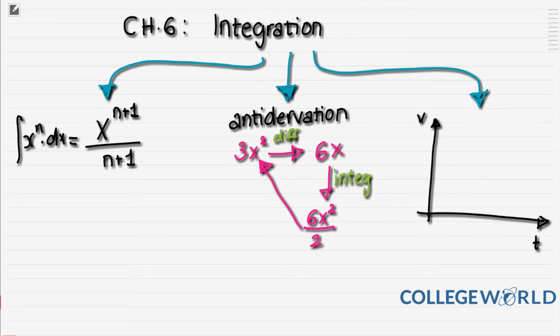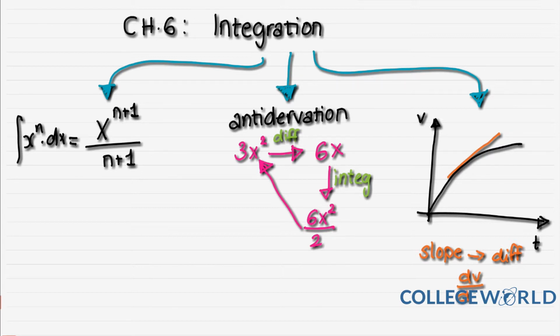Now what we said is that if we take the slope at any given point, so let's use a different color here, we said that the slope is actually the differentiation, and that means dv by dt, and the rate of change of velocity with respect to time gave us acceleration.